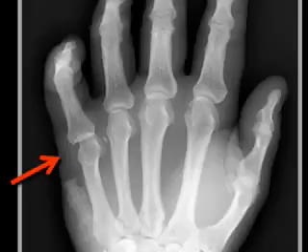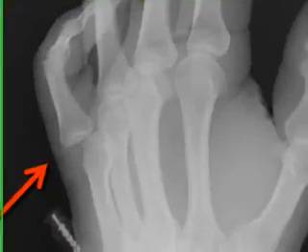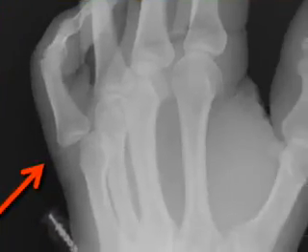In this view on the left, you would have to notice that the metacarpophalangeal joint of the little finger overlaps in a way that is different than the metacarpophalangeal joints of the other fingers, that the two bones, the proximal phalanx and the metacarpal head, are overlapping. But on additional views, as in this oblique view, it becomes obvious that there is a posterior or dorsal subluxation, if not dislocation, of the proximal phalanx on the fifth metacarpal.